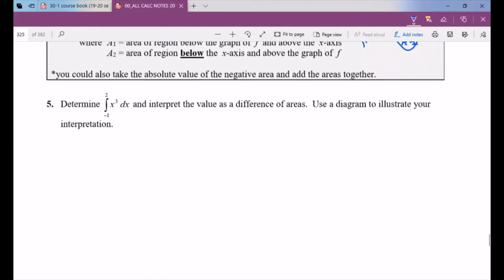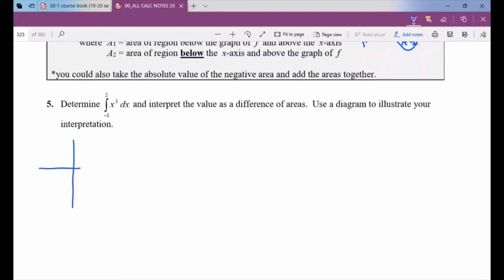So number 5, determine the integral of x cubed from -1 to 2 and interpret the value as a difference of areas. Use a diagram to illustrate. Okay. Well, we know what this looks like.